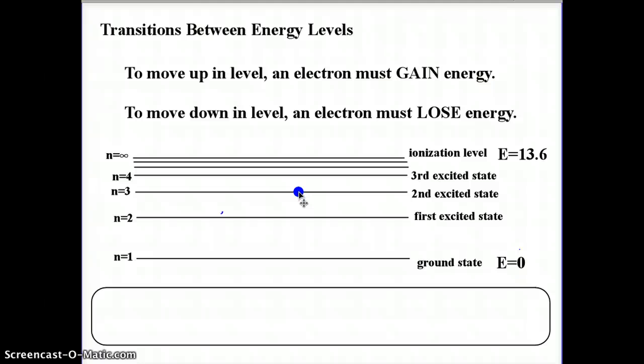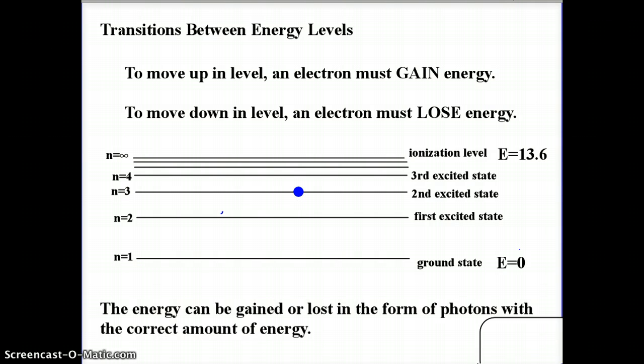Now, maybe you have thought quickly about the other thing we've discussed in this course that has energy, and that's light, or photons. Photons have energy. And this is where electrons can gain energy from, and it's also how they can get rid of energy. If we have a photon of just the right amount of energy, to go from here to here requires 10.2 electron volts of energy.